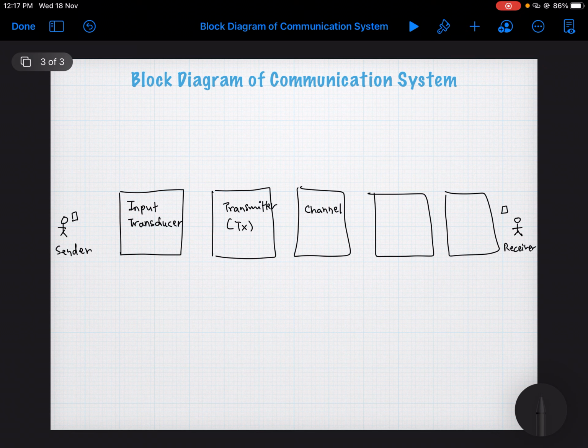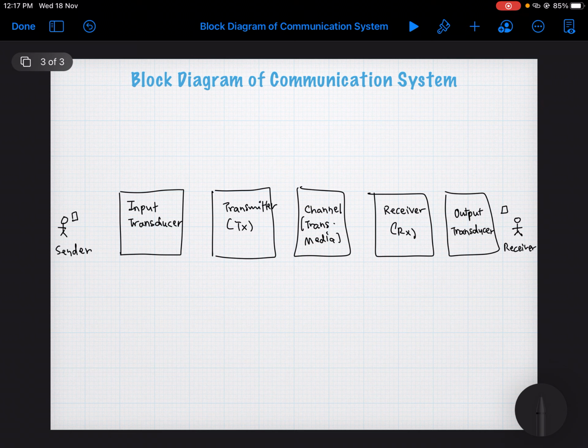The other term for that is transmission media or medium. And we have a receiver or RX, and the last one is the output transducer.